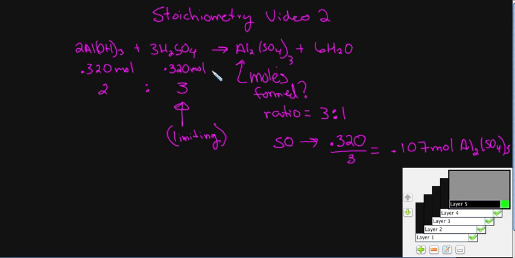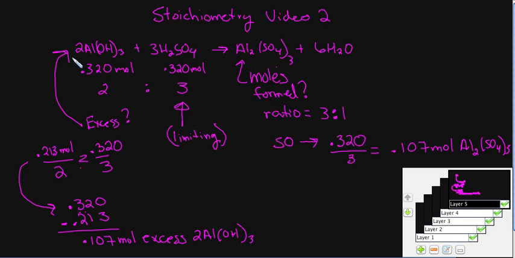So in stoichiometry, you do everything into moles, and then you take those moles and match them up to the ratio, which is found by the balanced equation. So our ratio is 2 to 3 to 1 to 6. And so there's actually going to be some extra. What if we were to figure out how much extra we had here? To do that, we'd have to figure out how much was used.